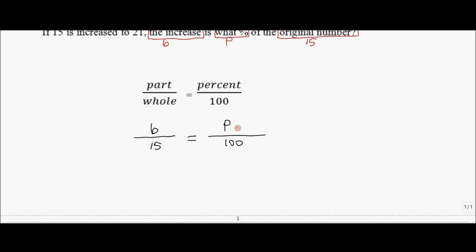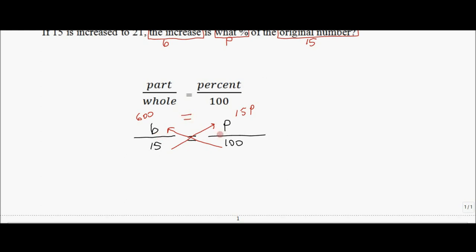So now we have to solve this equation, or a proportion. And to solve a proportion, what we do is we cross multiply. We take this times this, which is 600, and this times this, which is 15p. And we know these things have to equal each other.